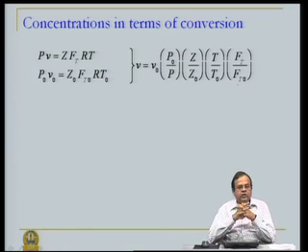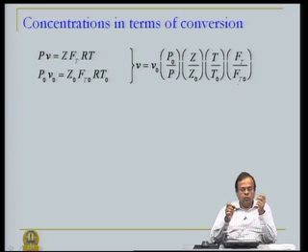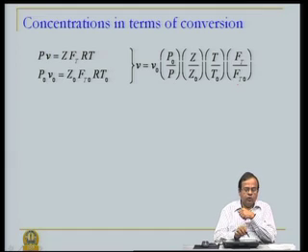And let us say that we use an equation of state PV equal to, in this particular case for a flow reactor, where V here denotes the volumetric flow rate, Ft into RT if it is an ideal gas law. That is, this is at the exit.